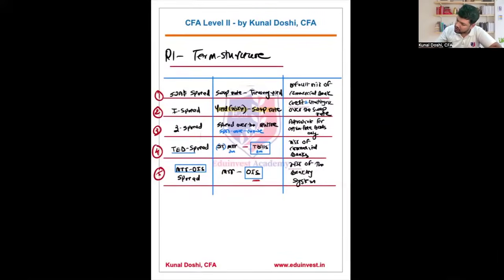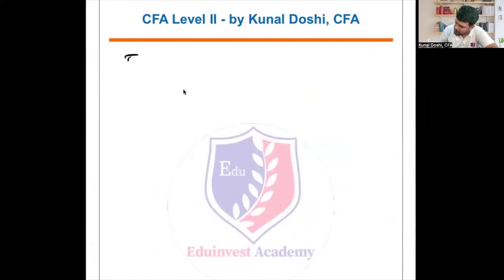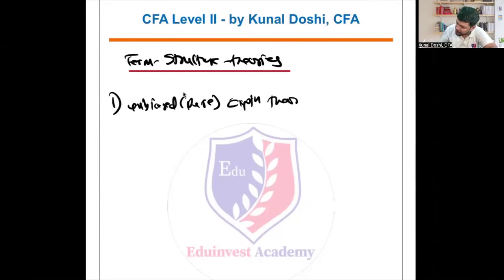Just for your reference, we need to know the names, and one single word is okay for you to understand in the exam. You have the unbiased expectation theory, also called the pure expectation theory. Now, this is the first theory.